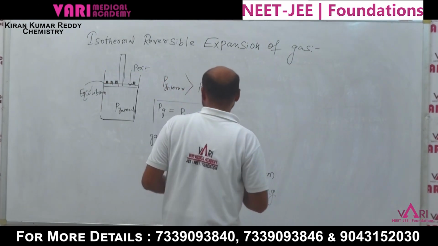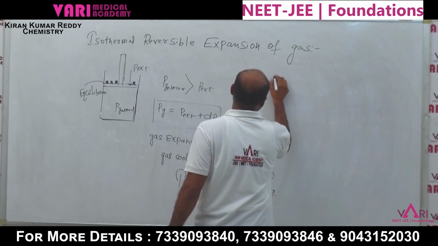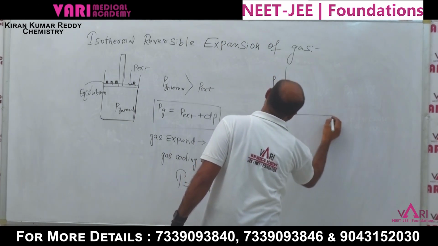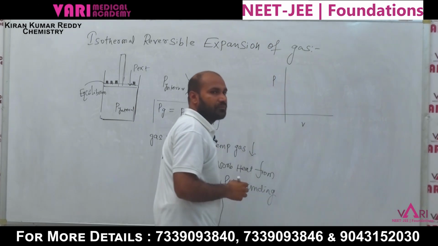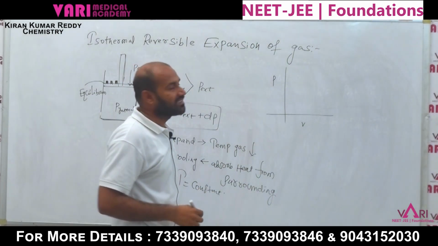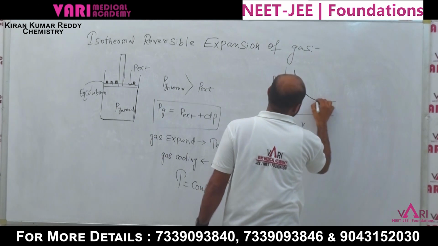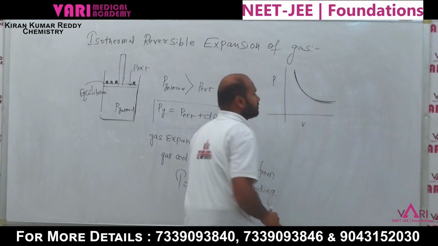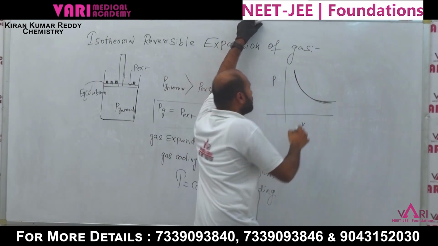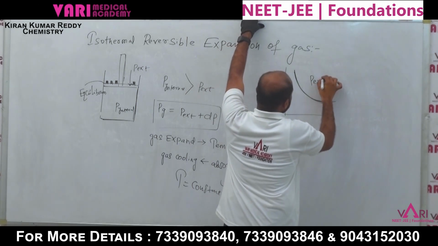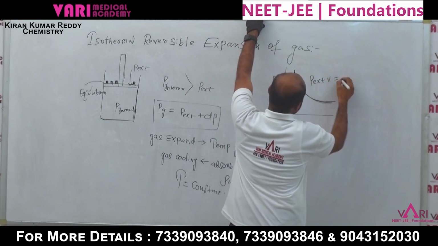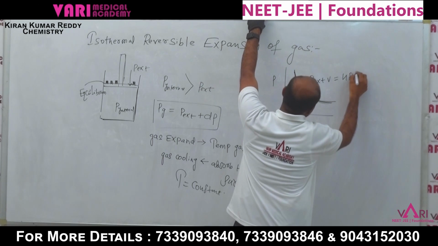Next, what is the formula? Pressure versus volume at constant temperature, Boyle's law. We can plot the graph like this, a hyperbola. Now PV equals nRT.